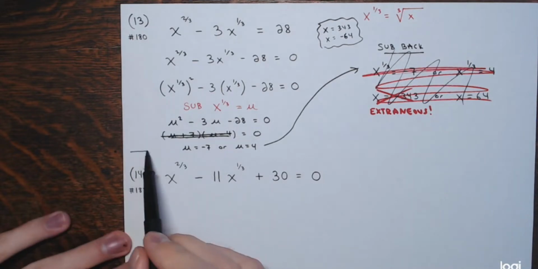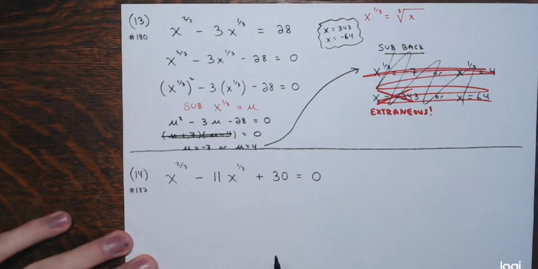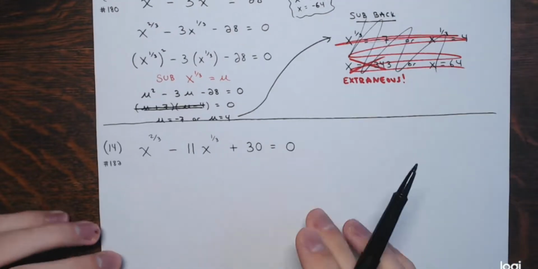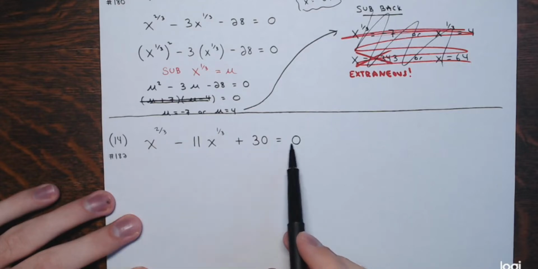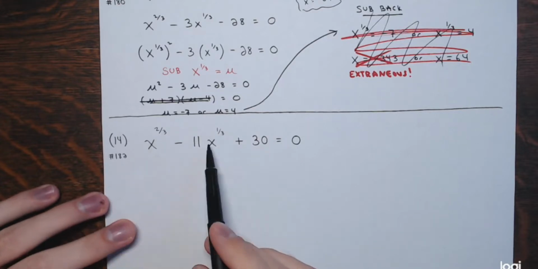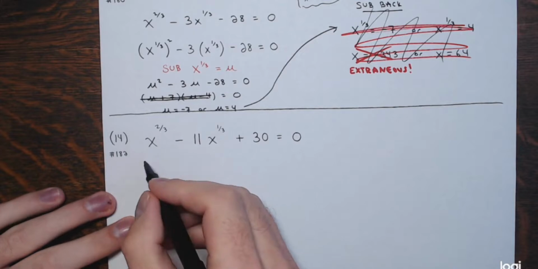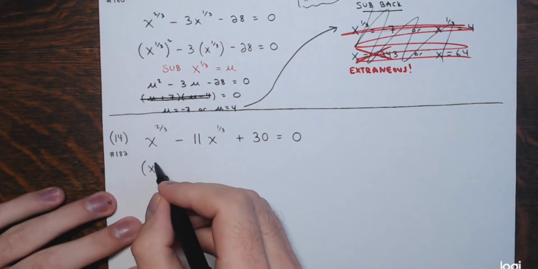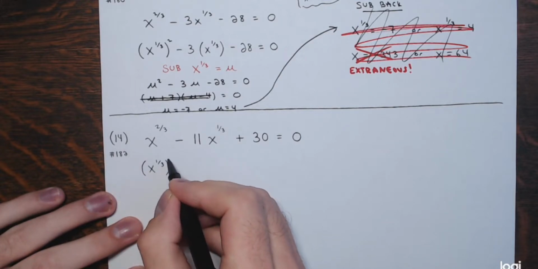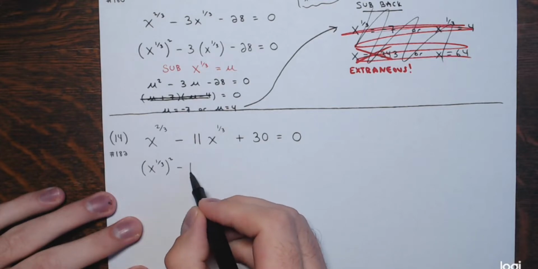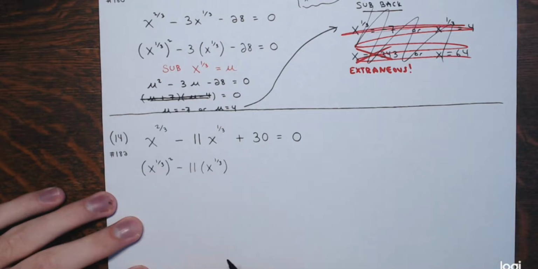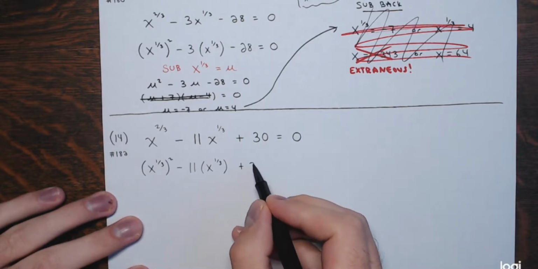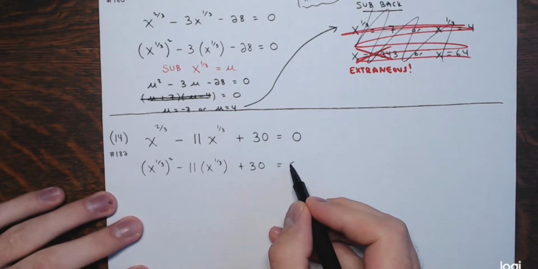Alright, next question. Same stuff. Now it's already everything on one side, 0 on the other. So x to the 2/3 you can think of as x to the 1/3 squared, minus 11 times that same expression, x to the 1/3 to the first power, plus 30 equals 0.